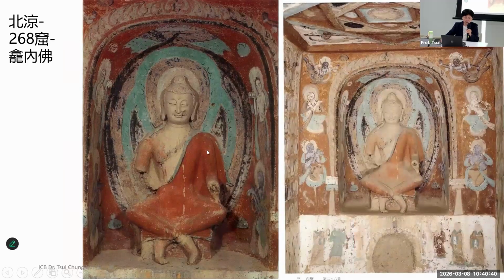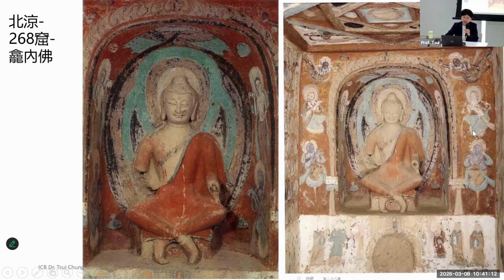So the Buddha bares his right shoulder and is seated in cross ankle posture. Some scholars suggest maybe this is Maitreya Buddha. But some scholars also suggest this is Sakyamuni Buddha. There's no confirmed reason.